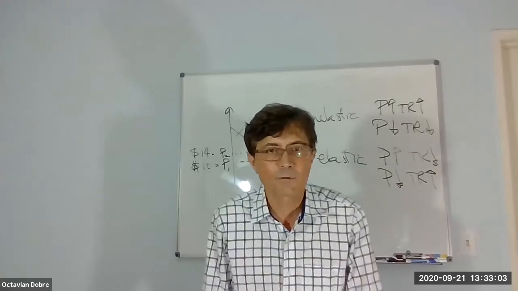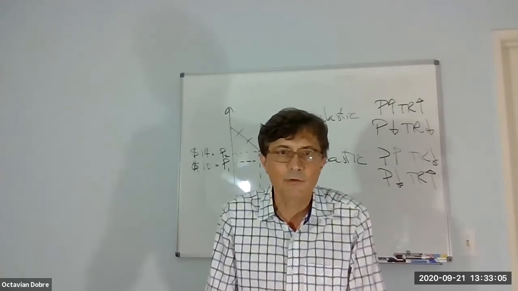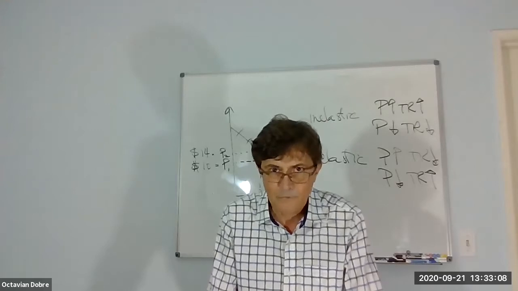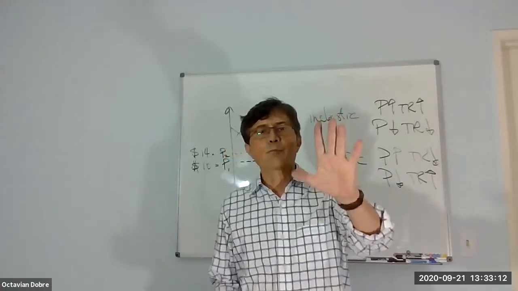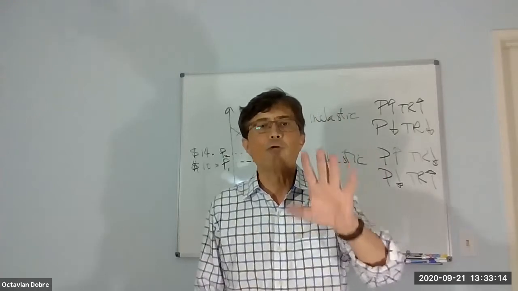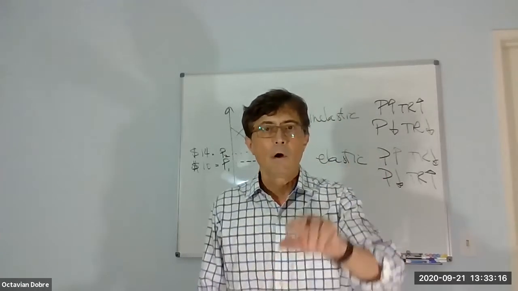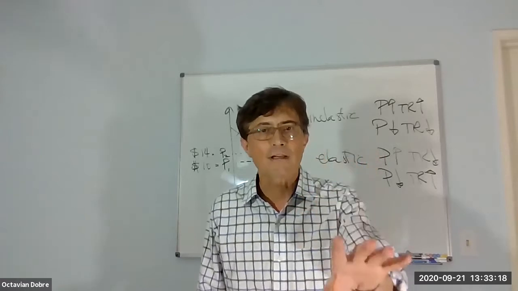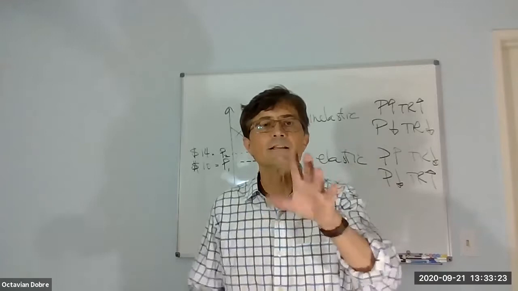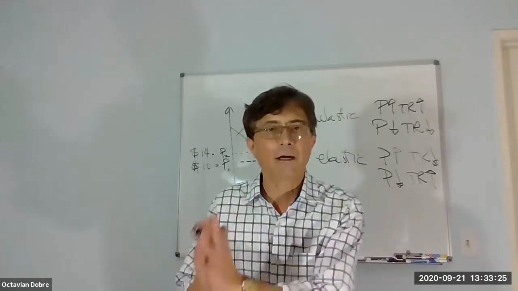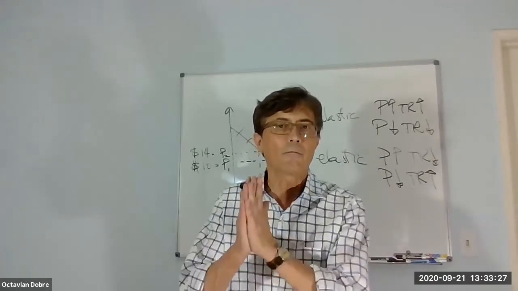So here is where I would like you to unmute yourself, please, and tell me this. We're looking at price elasticity of demand for two different goods. One of them is Crest toothpaste, and the other one is toothpaste in general.